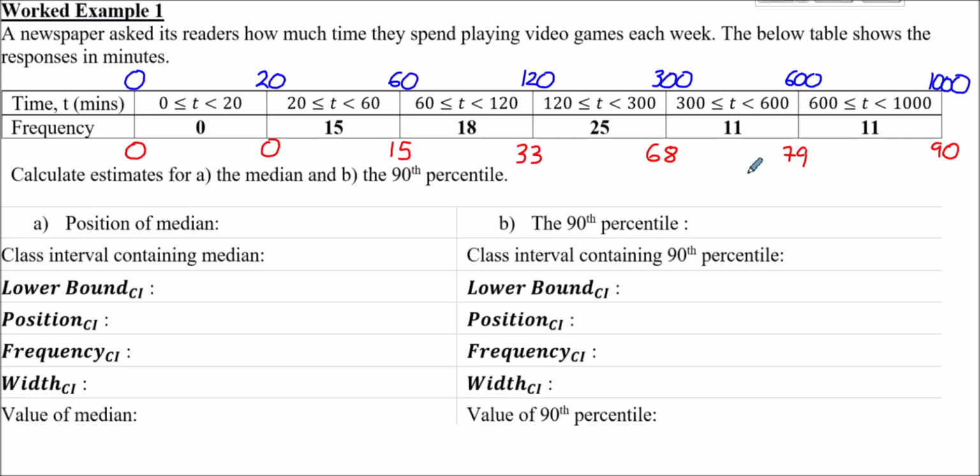So it's simply 90 divided by 2, which is 45. So that implies that the median is the 45th value.